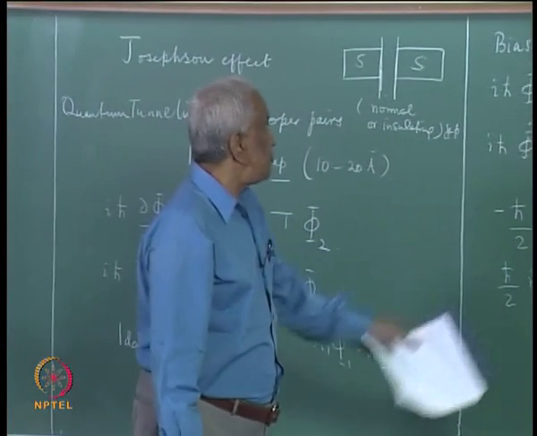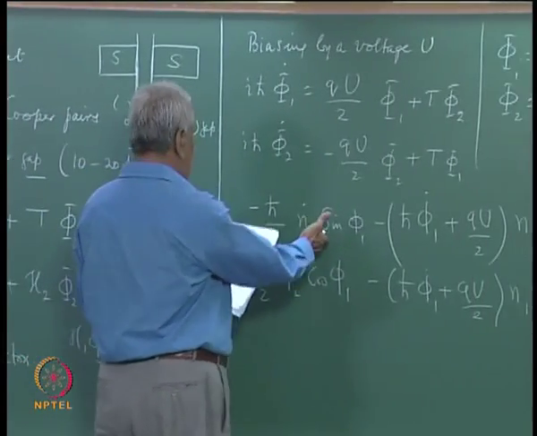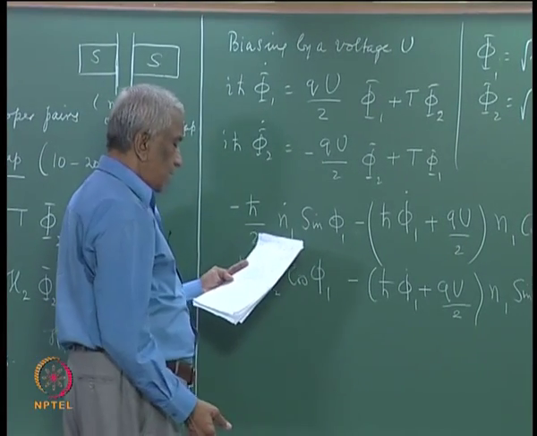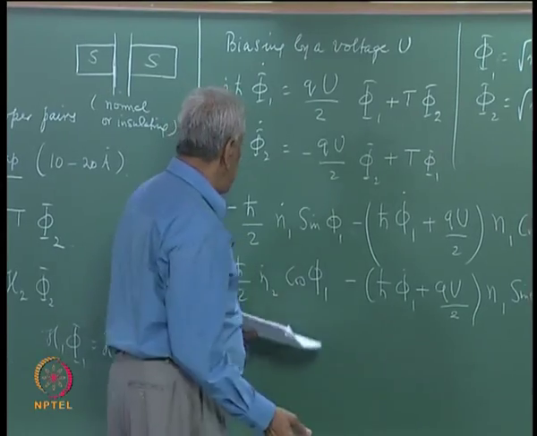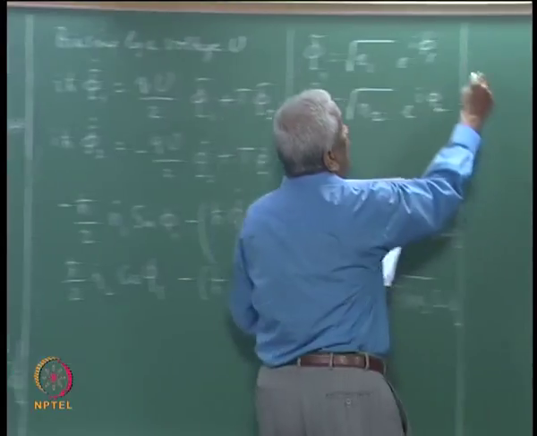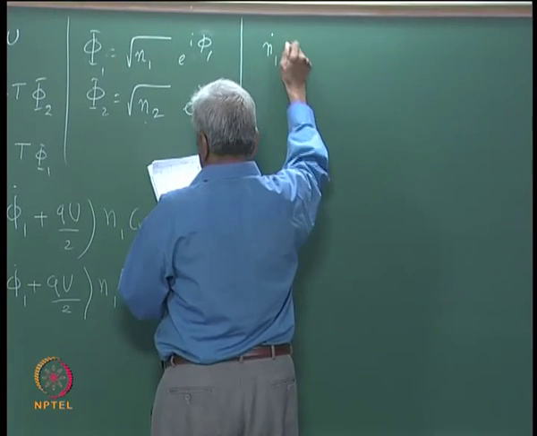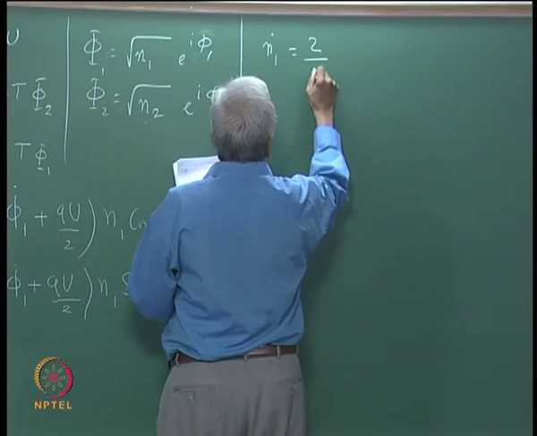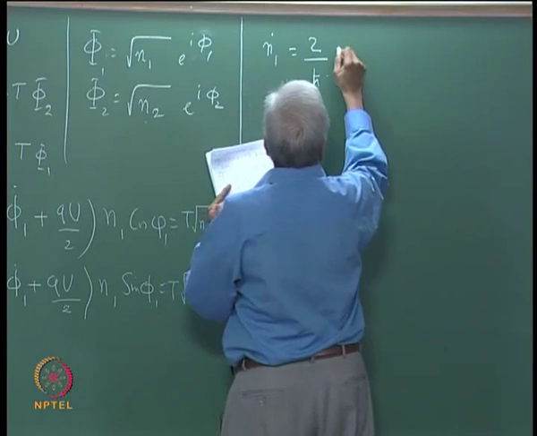And then we just multiply this equation by cos phi 1 and this by sin phi 1 and then subtract, then we get the final equations for the time dependence of the charge densities.